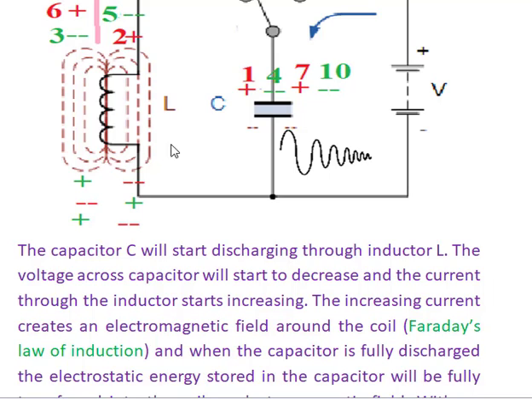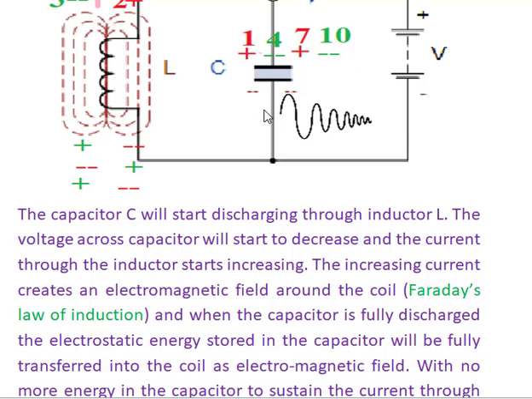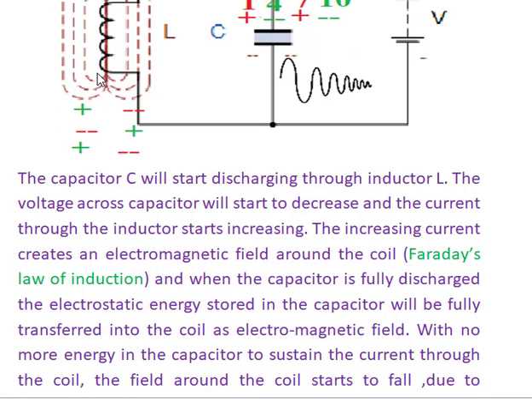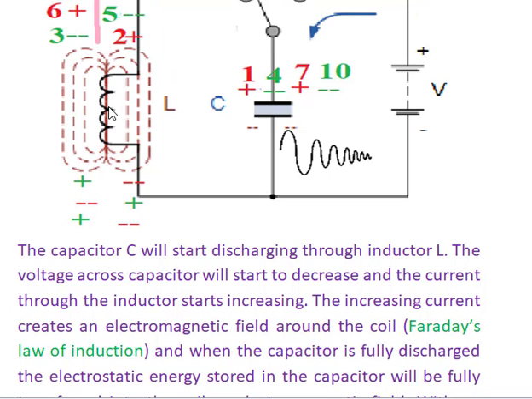Now, when the capacitor is fully discharged, there is no further electrostatic energy stored in the capacitor to supply a current. So, the produced electromagnetic field now starts to decrease, starts to fall.